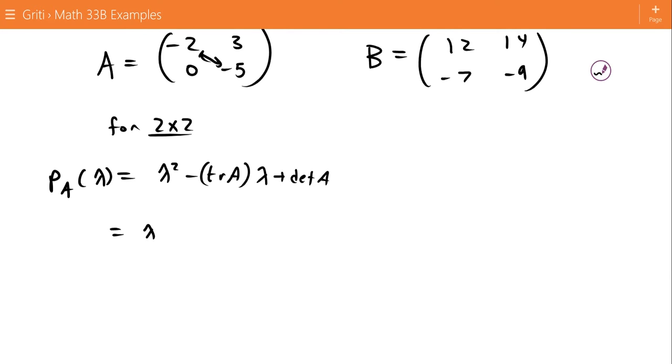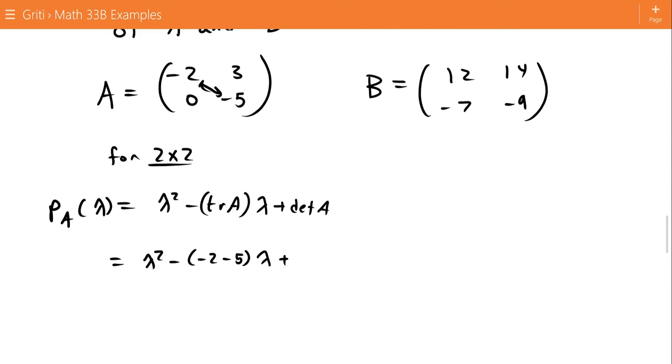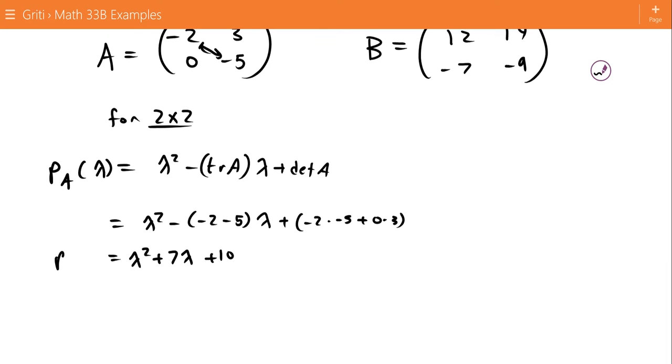In this case, that is going to be negative 2 minus 5. And the determinant of A we can find by multiplying negative 2 and negative 5, adding that to 0 times 3. That's lambda squared plus 7 lambda plus 10. So that is the characteristic polynomial of A.